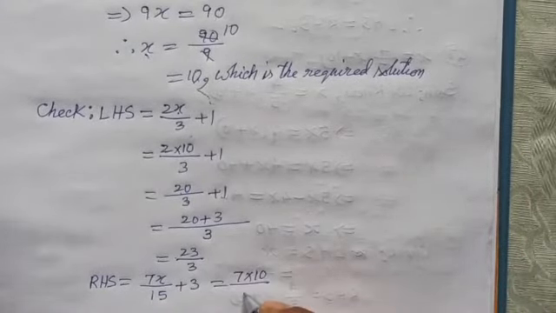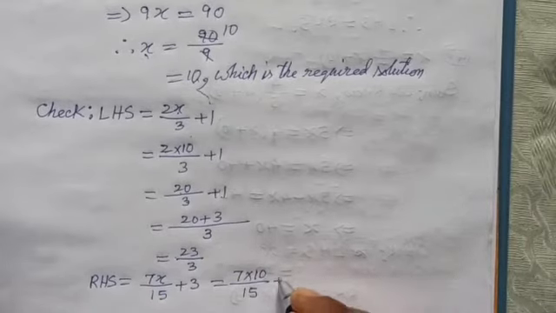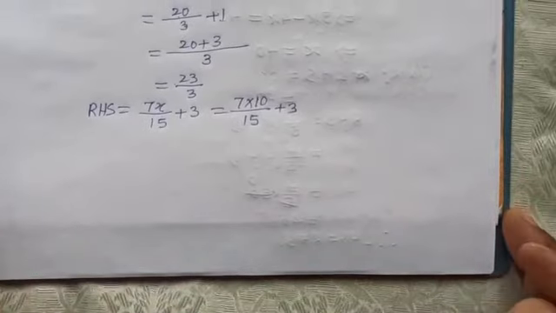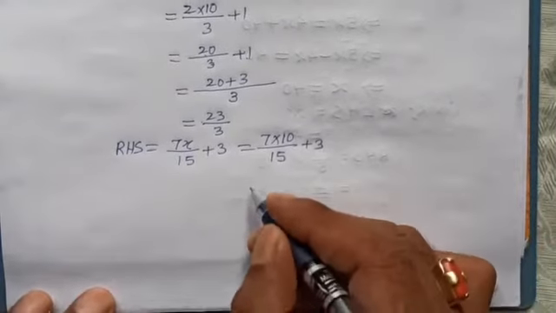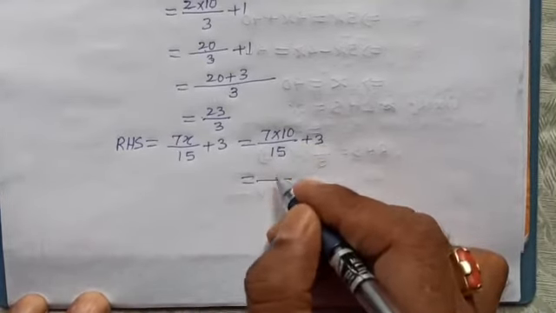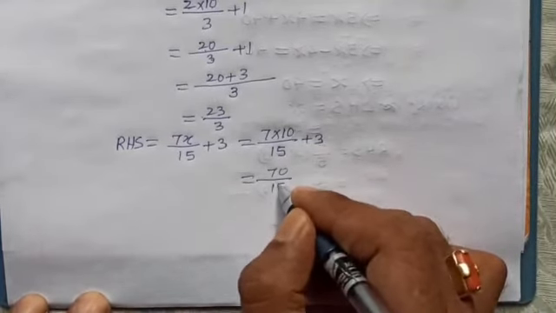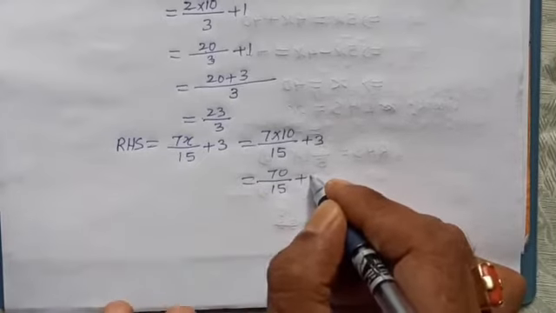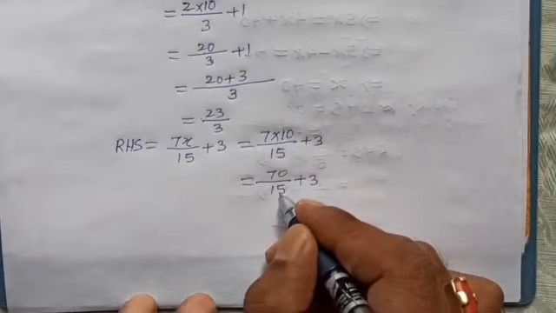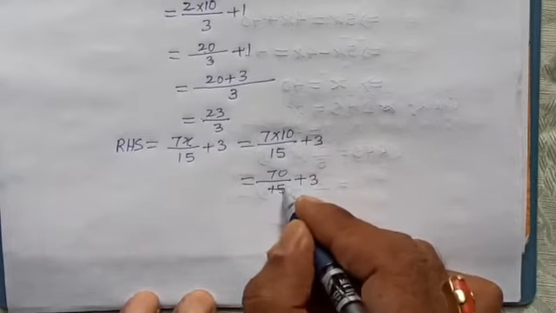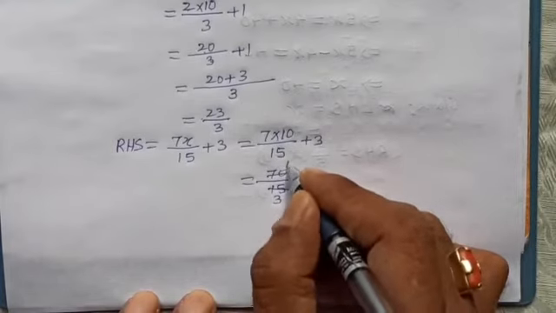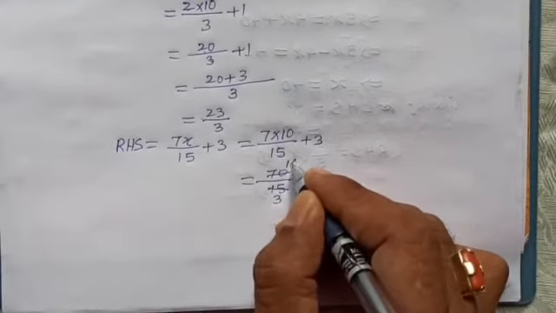Then in the denominator there is 15, then plus 3, is equal to. 7 into 10 is 70 by 15 plus 3. 70 and 15 we can divide by 5. 5 3s are 15, and 70 divided by 5: 5 1 is 5, 5 4s are 20, we are getting 14.